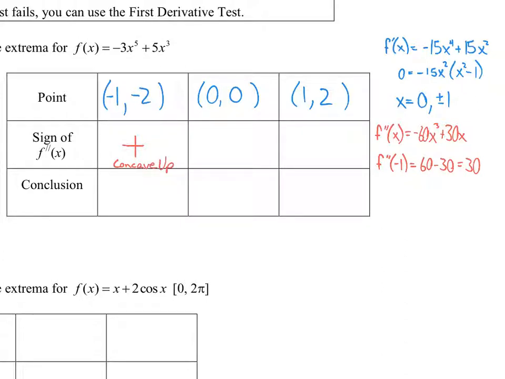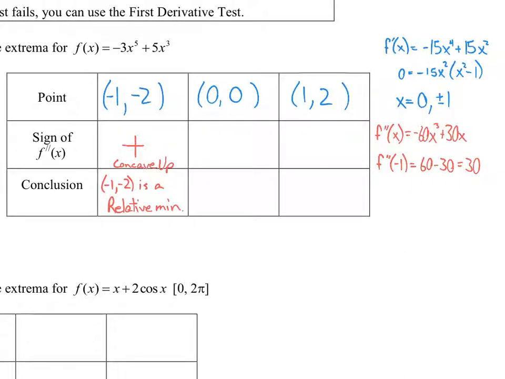Okay, but it tells me that negative 1, negative 2 is a relative min. Okay? So this is kind of cool. I did have to take the derivative a second time, but I only had to plug in one number rather than plugging in 2 different ones and seeing if there was a sign change.